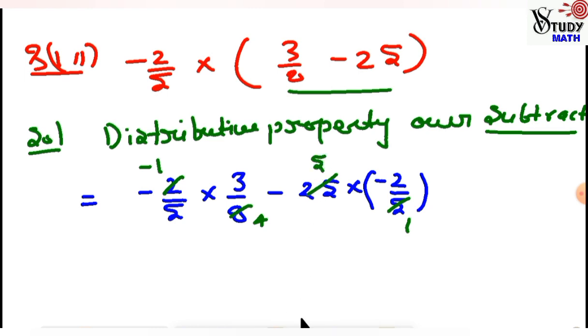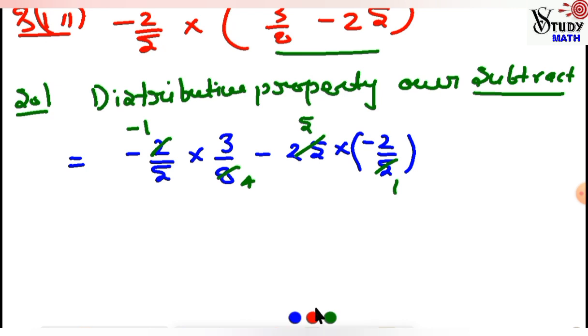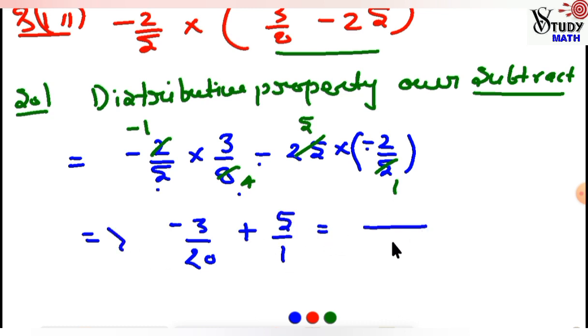So the final answer we have from here after solving this: we have negative 3 by 20, and negative multiplied by negative becomes positive, and we have 5 by 1. So now again take the LCM. The LCM will be 20, and negative 3 positive 100.